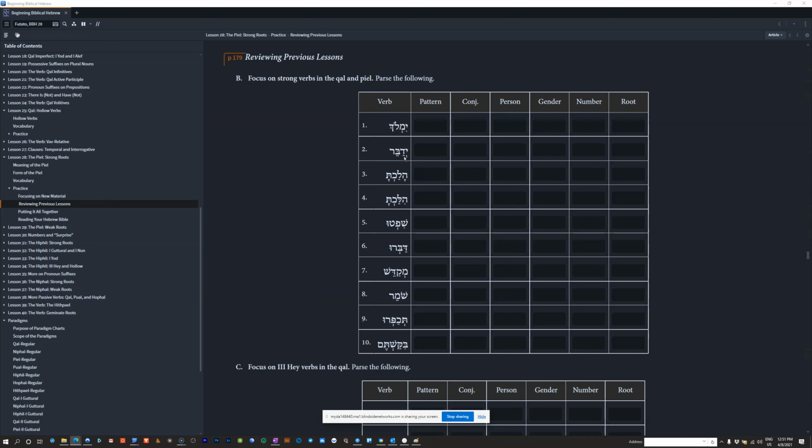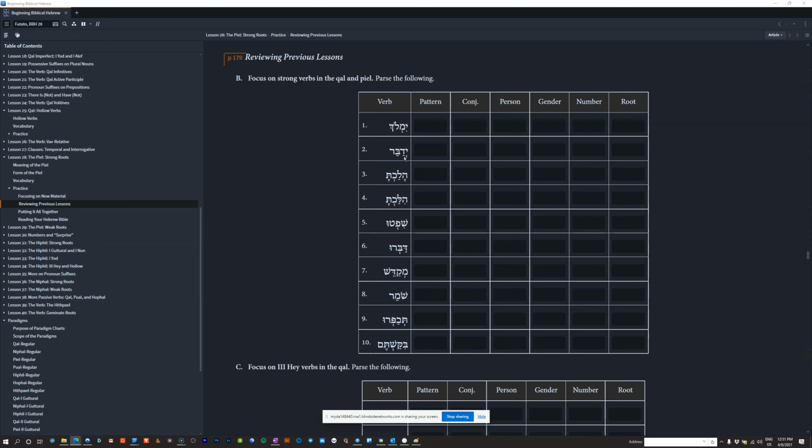What would the difference be between a Qal imperative 2MP and a Qal perfect 3CP? Well, if this were a Qal perfect, R1 would be a qamets. So this is going to be a Qal imperative 2MP from Shafat.